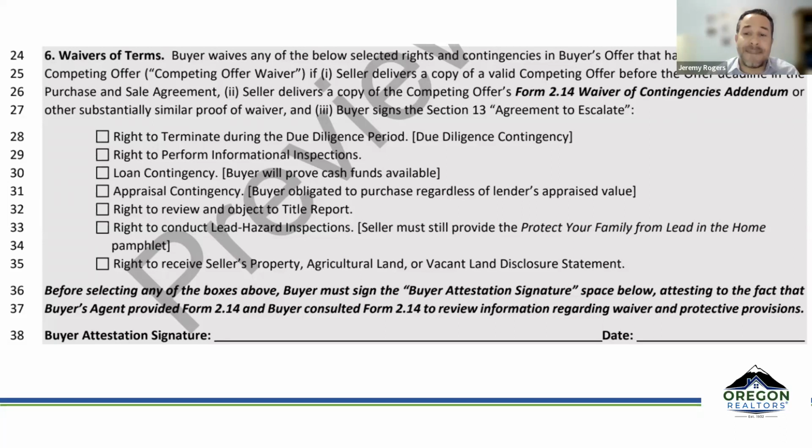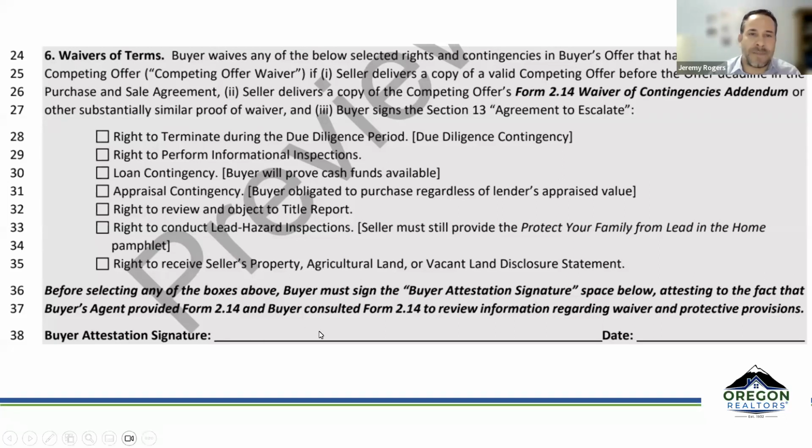So I'll show you what that form looks like here in a minute, but buyer is actually going to have to sign here in section 6 and attest that they have in fact reviewed that form 2.14 waiver document before they agree to check any of these boxes so that you have evidence that they have been sufficiently warned of the consequences. Okay.